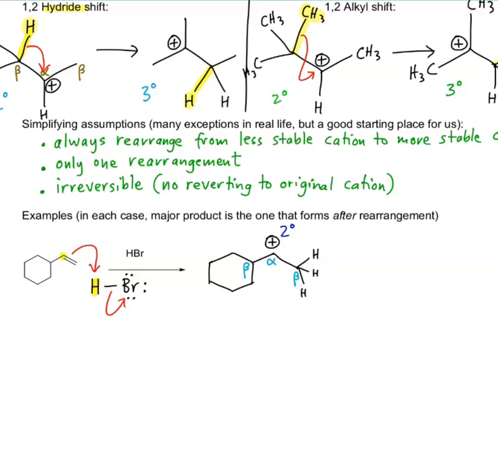So let's look at the beta carbon on the left. It has 3 bonds to alkyl groups, but it also has this bond to a proton. If we move that one over, then it leaves behind a tertiary cation.